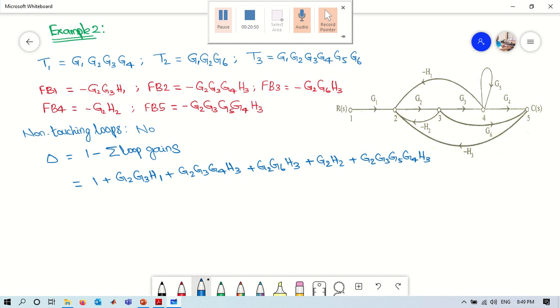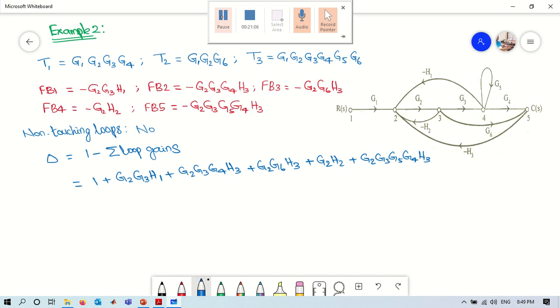How many forward paths do we have? T1, T2, T3, three forward paths. For all the forward paths, the loops are common, so it is a touching loop only.